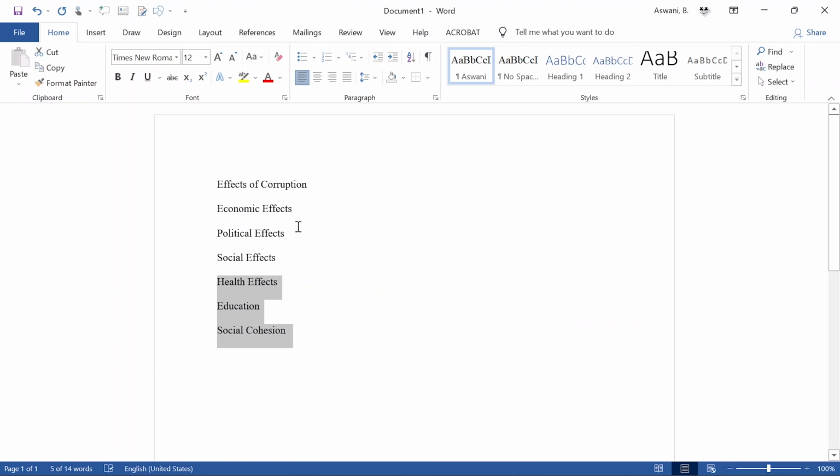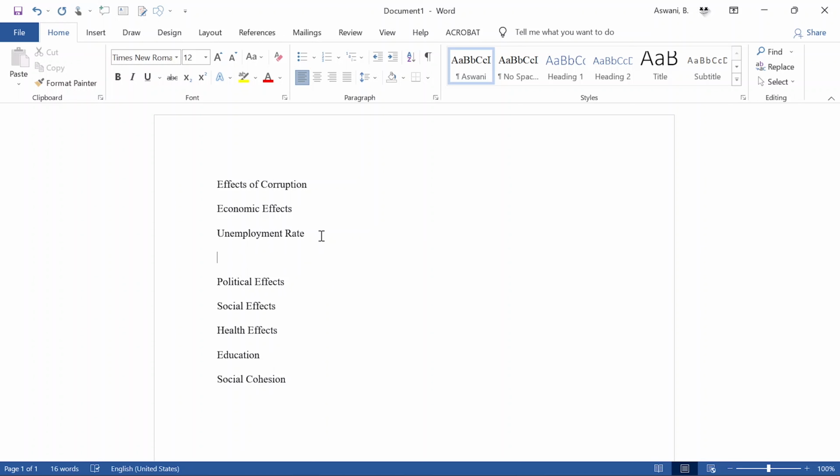Then you might also want to split economic effects into, let's say, effect on the unemployment rate. So you have a discussion specifically for how corruption affects the unemployment rate.